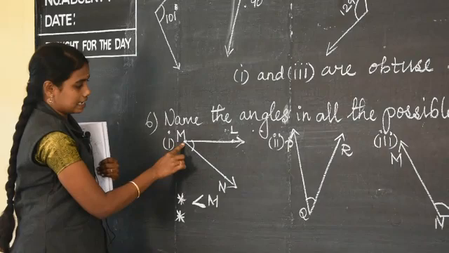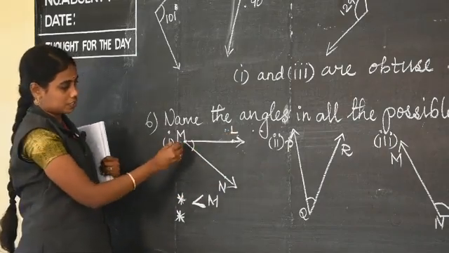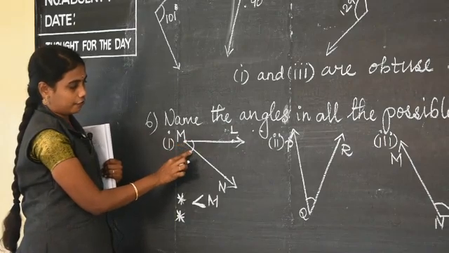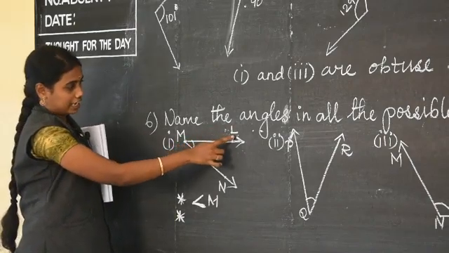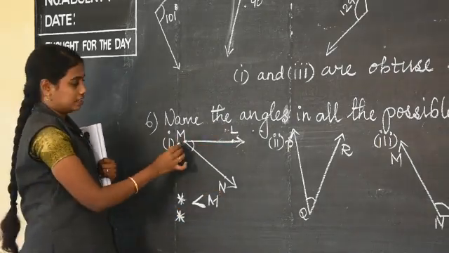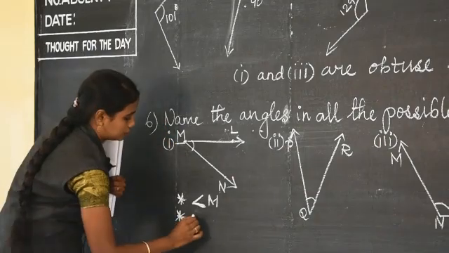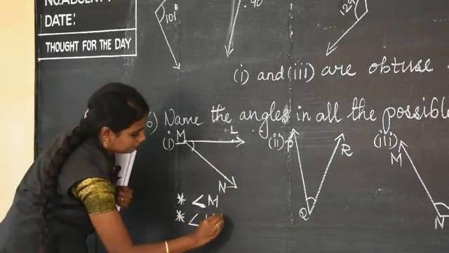L, M, N. You cannot write L, N, M, because the M where the angle is formed should be the middle letter, the second letter. You can write L, M, N or else N, M, L. So angle L, M, N.